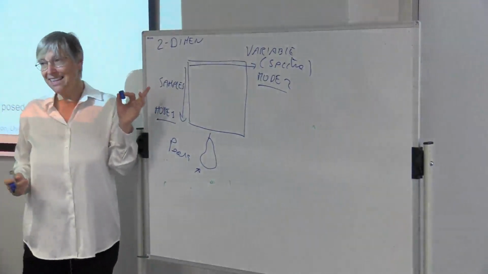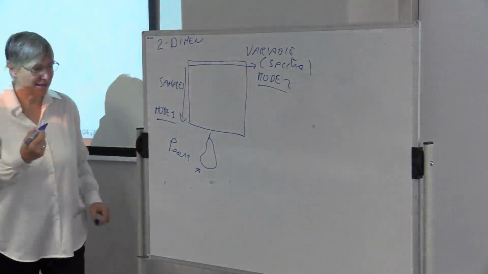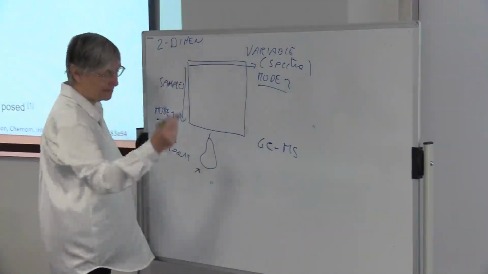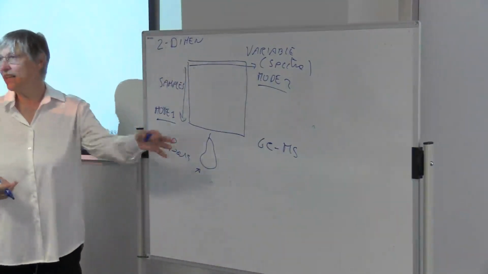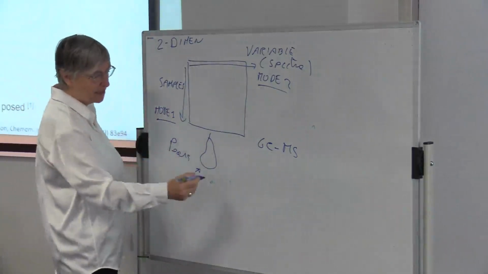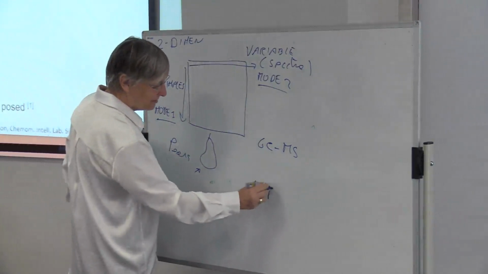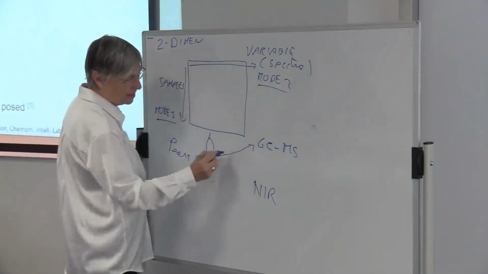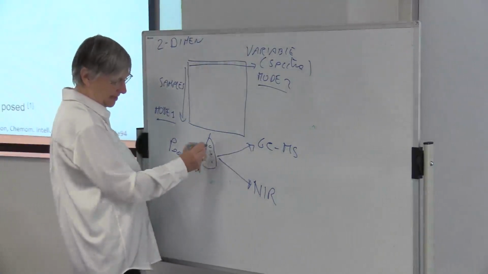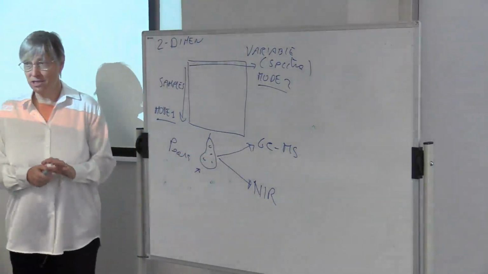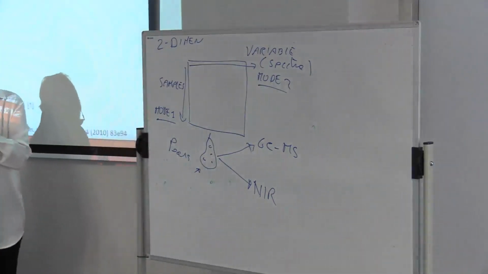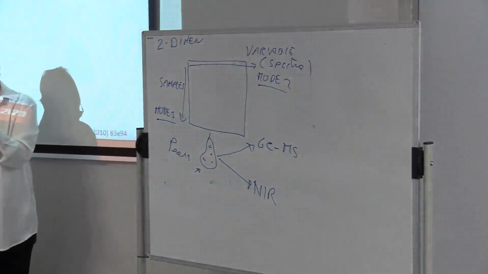But in the data fusion context, if I do, I don't know, GC-MS on the volatile fraction in the headspace of the pear, and I do near infrared, somehow it should be the same pears. So I should sample the same. Why? Because if I want to link this data, it should be the same sample.